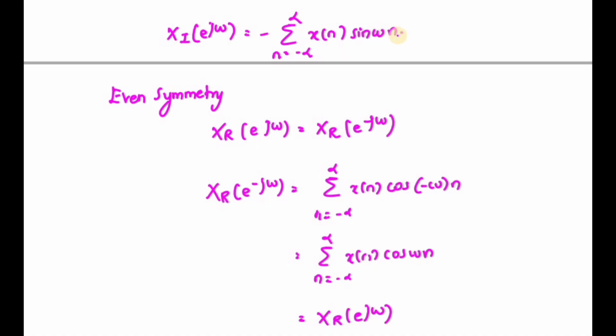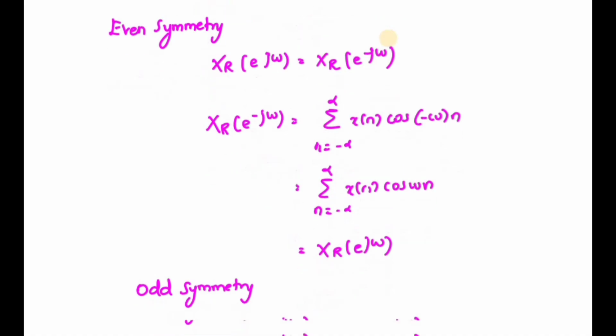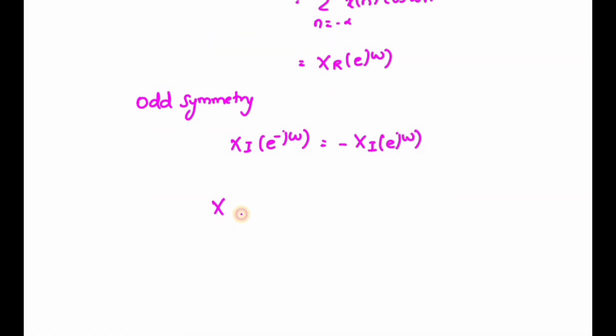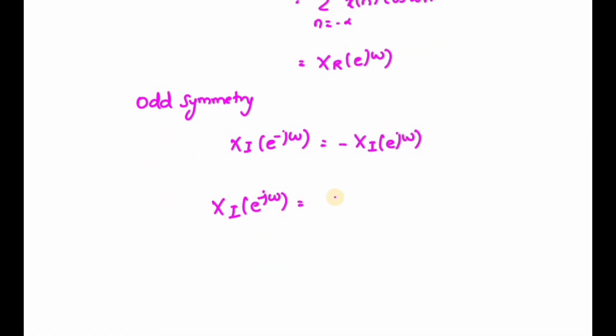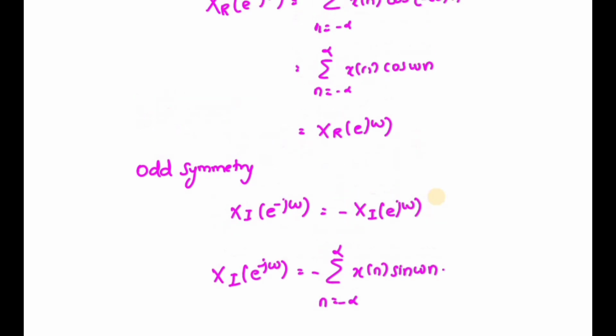Here you have minus 1, so XI of e power j omega is equal to minus summation n equal to minus infinity to infinity x of n sin omega n, from the above equation.